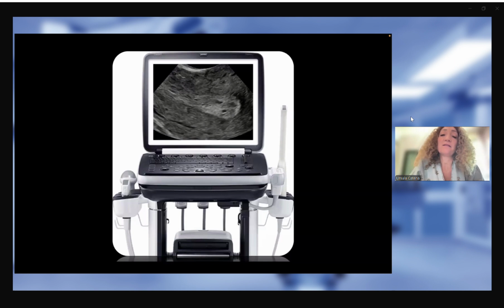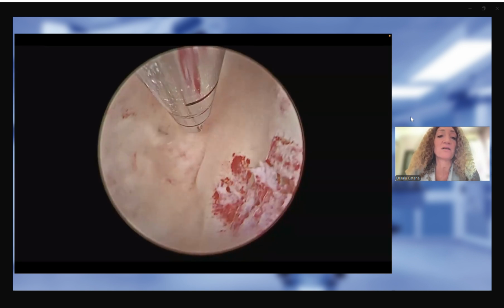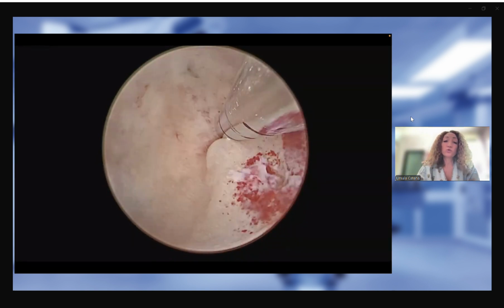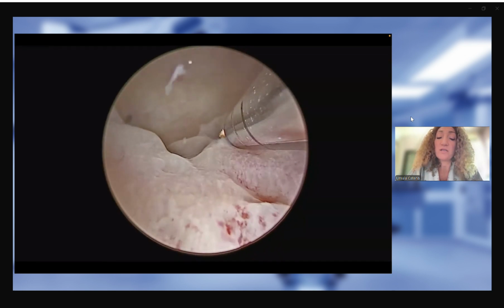Look at this endometrium. If we have this endometrium in patients during their fertility workup, surely we have to study it, and in the majority of cases, we find a thickened polypoid endometrium inside the uterine cavity. And what to do? We perform this technique that is visual D&C.